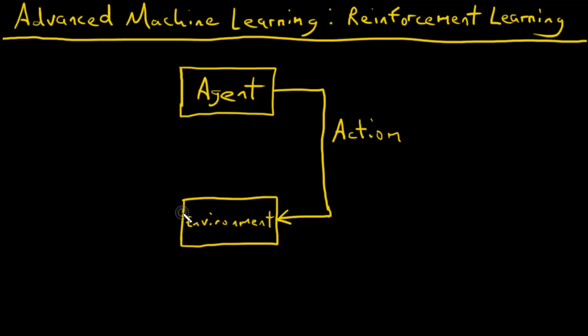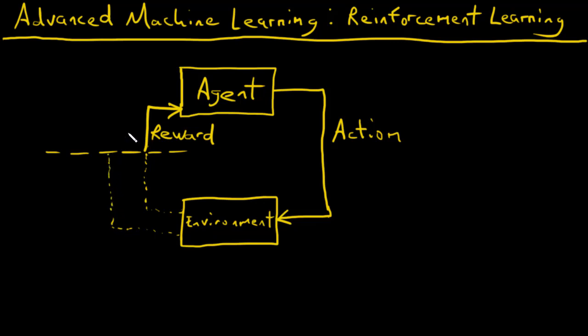So let me figure out how to do this. I'm going to put a dashed line here. Okay. This is going to be the reward. And we need one more piece. We need from the environment the state of the environment.